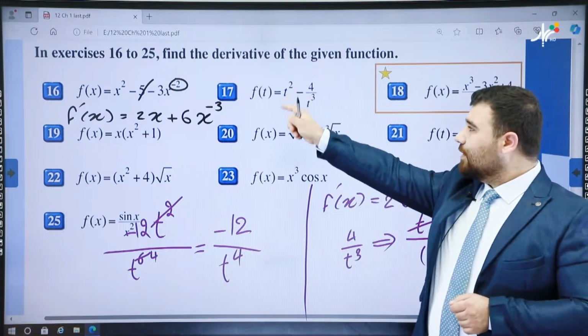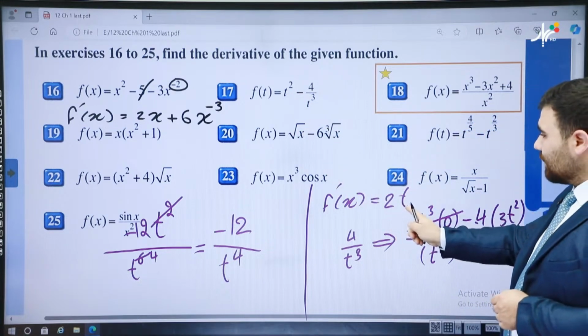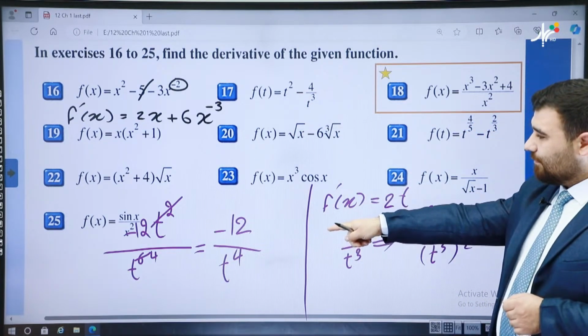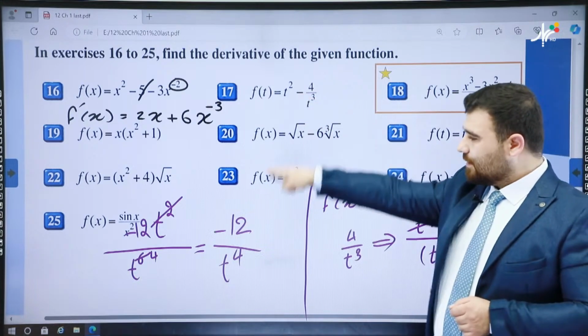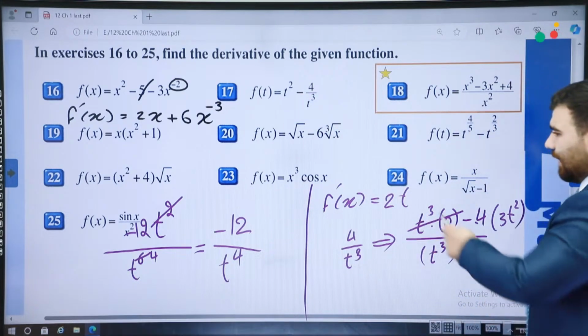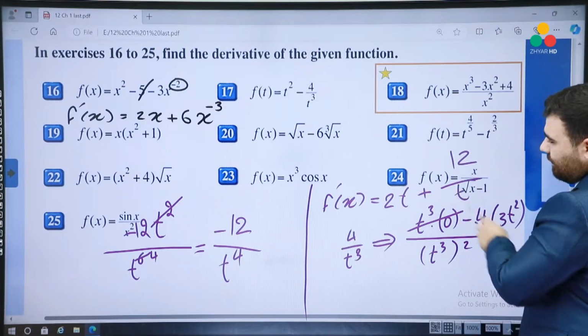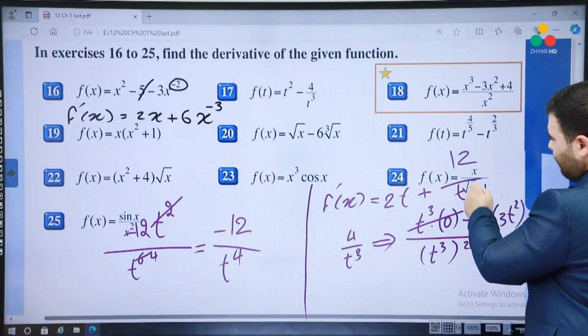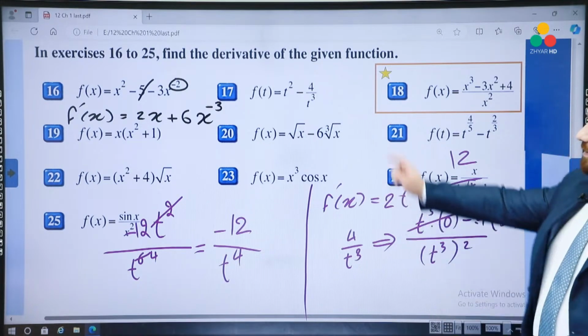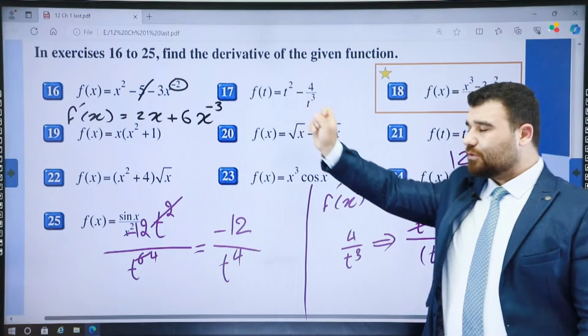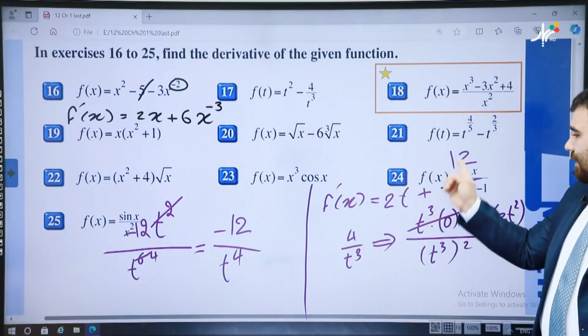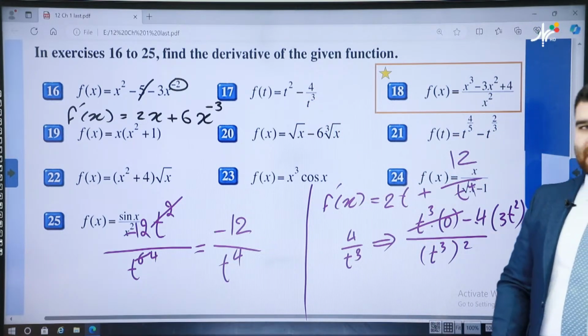And t squared, it simply became 2t. So this answer, there is a minus, then this answer. Minus minus becomes plus 12 over t power 4. So final answer of this question 17 is 2t plus 12 over t power 4.